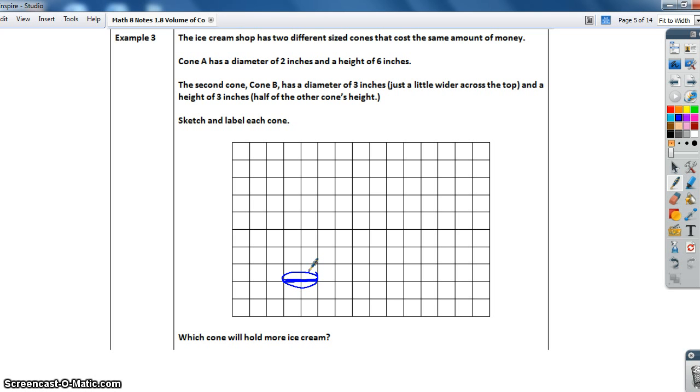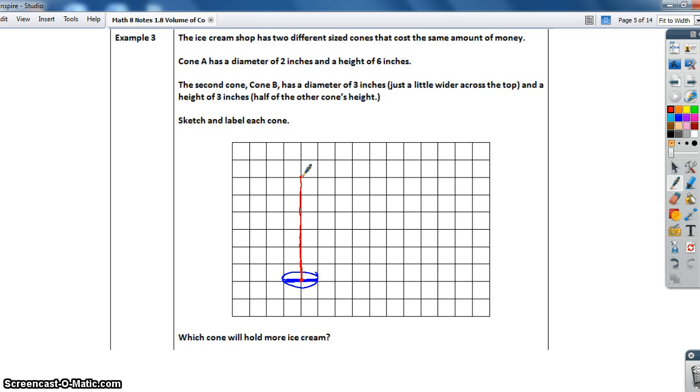And now how many up from this 2 inch right here? 6. It's 6 inches up, right? 1, 2, 3, 4. Oops. Are those by ones here? 1, 2, 3, 4, 5, 6. Is that what yours looks like?